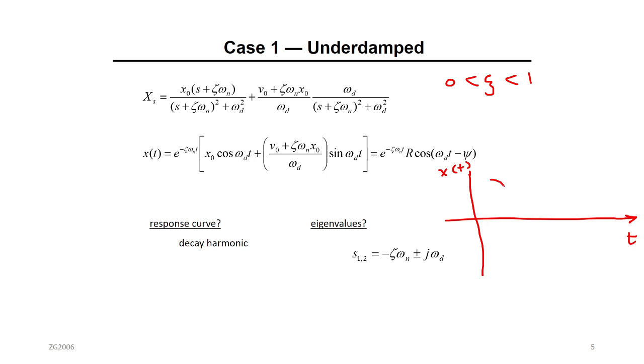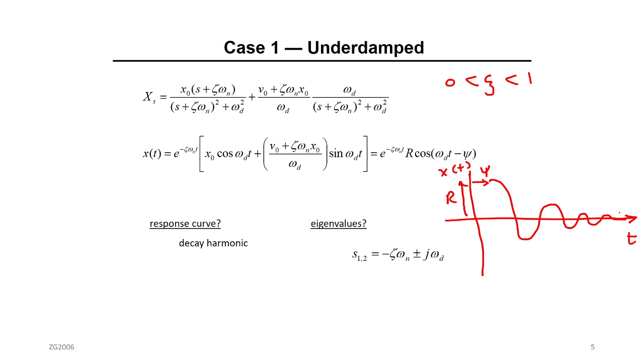So starting from here, the magnitude will get less and less. Same analysis, we will have a maximum magnitude similar to r, and this one will be psi, the phase shift from this point.